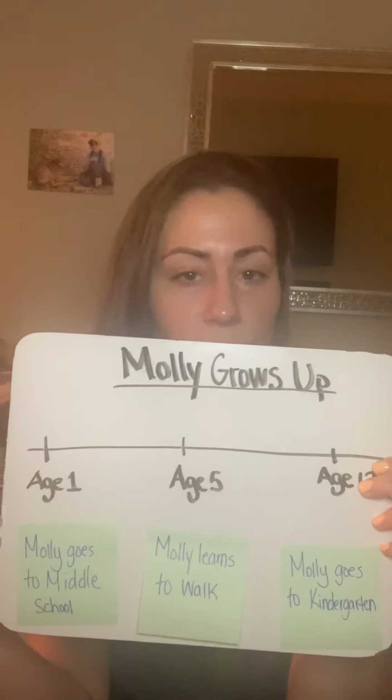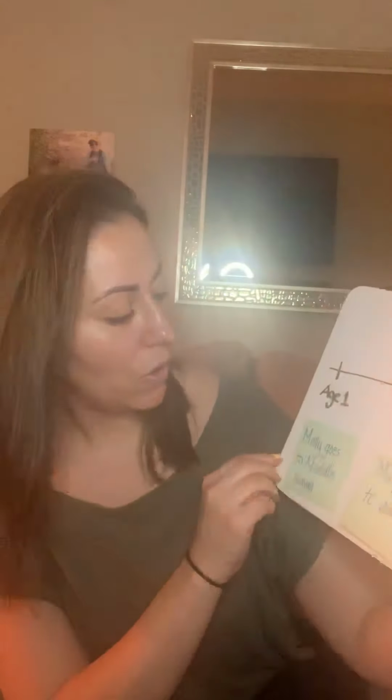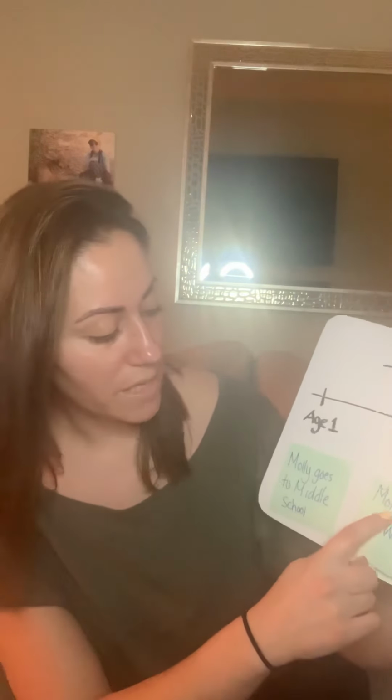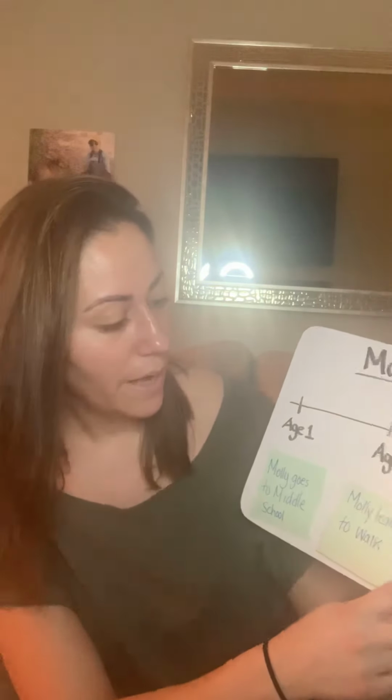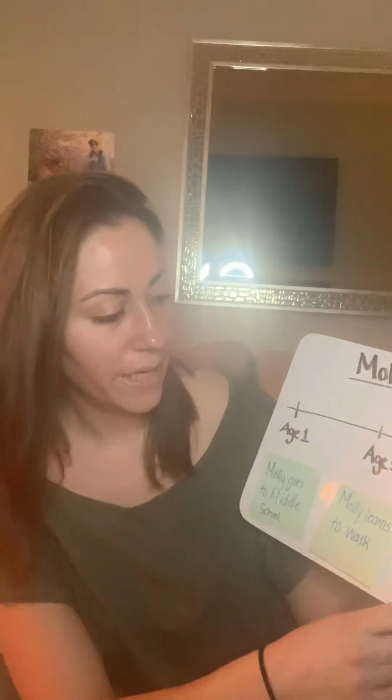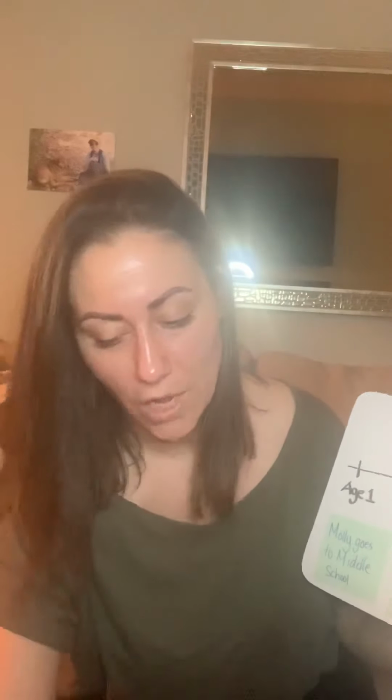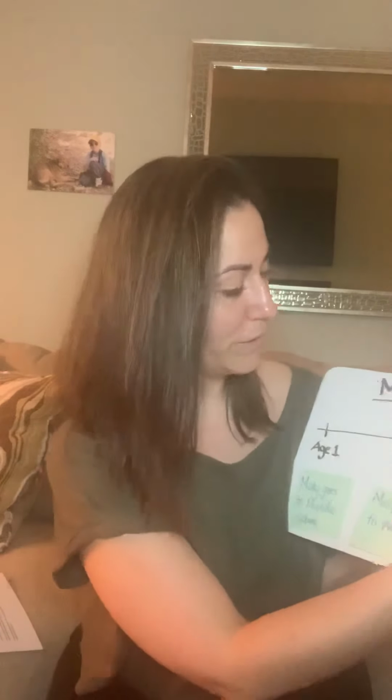They're not in the correct order. So one says Molly goes to middle school, one says Molly learns to walk, and one says Molly goes to kindergarten. Oh no, I accidentally wiped off Molly's age over here. Apologies, age 12.